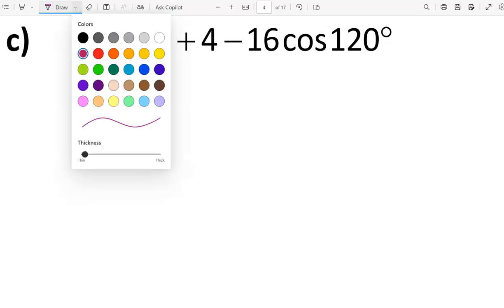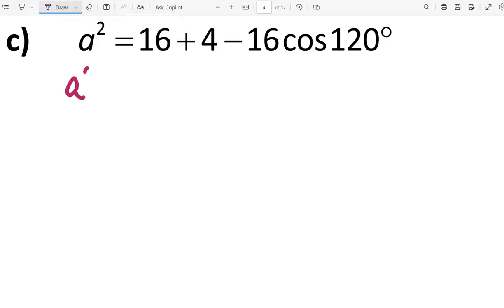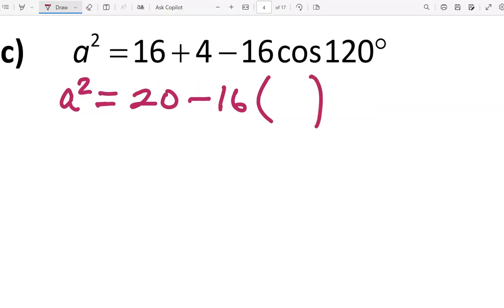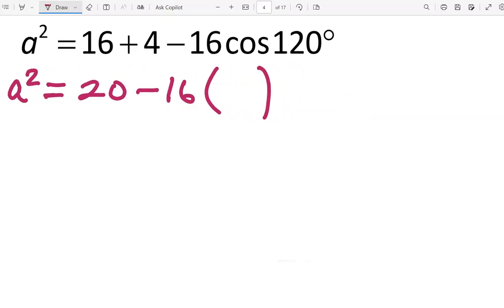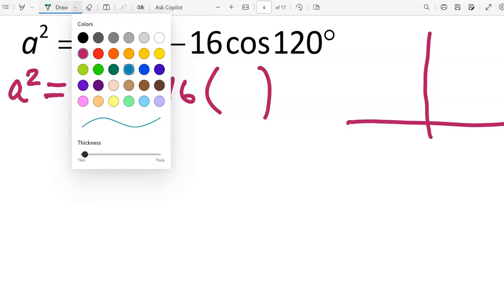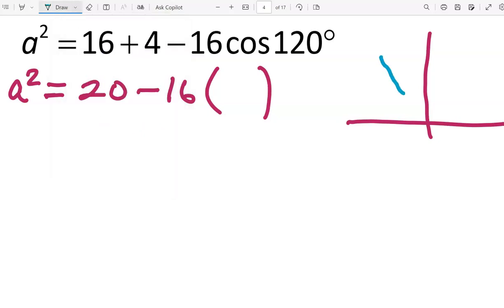So we can solve for A here, but I'm going to just clean up what's on the right side of this equation. So 16 plus 4 is 20. I'm not going to subtract 16 because 16 will actually be multiplied by something, and that something is the cosine of 120 degrees. Let's make a quick sketch of what 120 degrees looks like. 120 degrees is an angle that rotates past 90, so into quadrant 2.